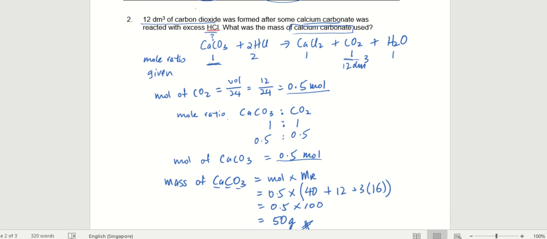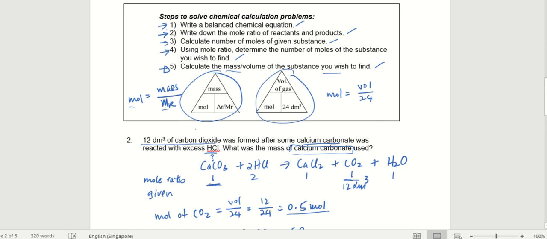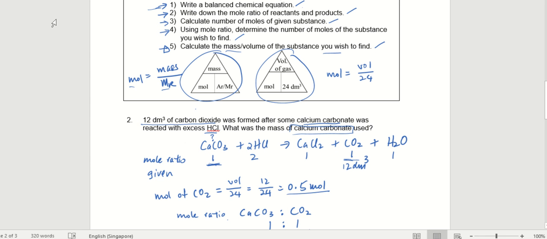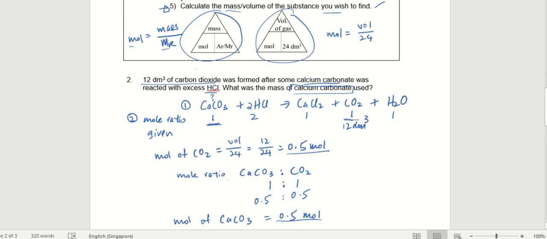Okay, so again we can see in these steps that we first start off with writing a balanced chemical equation, which was step number 1. We then write down the mole ratio, which is step number 2. We calculate the mole of the given substance, which is step number 3.